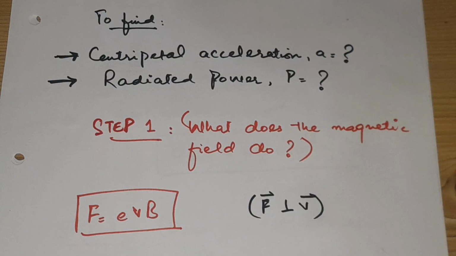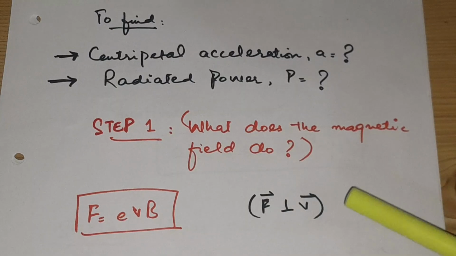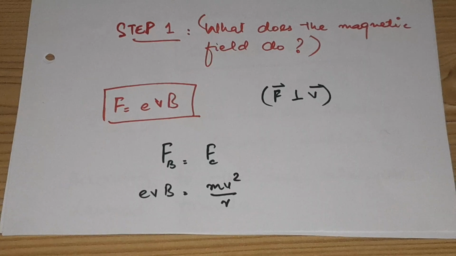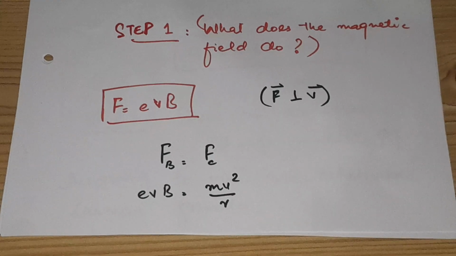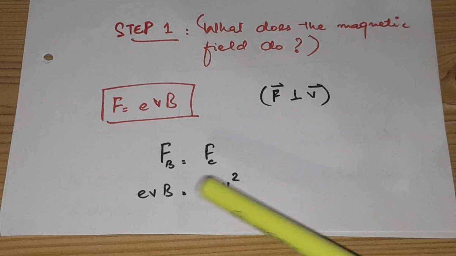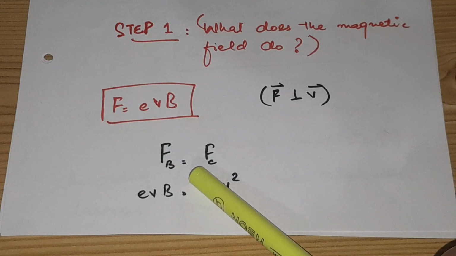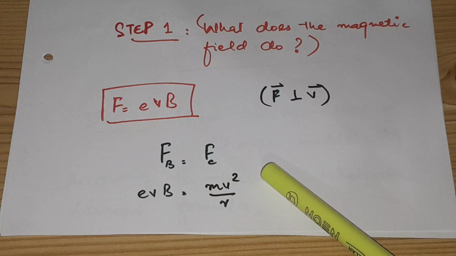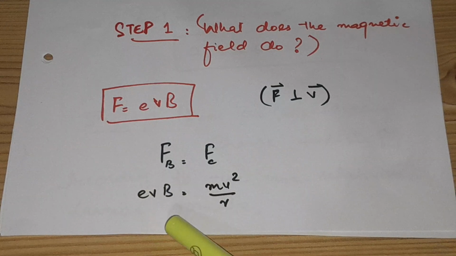When a charged particle enters a magnetic field perpendicular to its velocity, it experiences the magnetic Lorentz force, which is given by e, the charge on the electron, multiplied by velocity v and the magnetic field strength B. This force is perpendicular to the electron's velocity, and a force perpendicular to velocity does something very interesting.